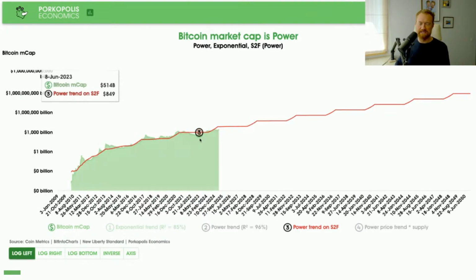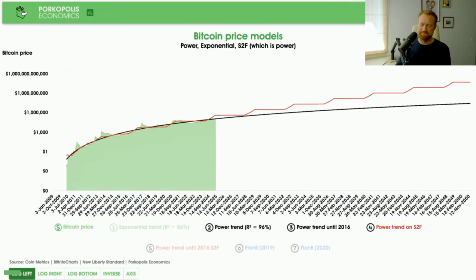Okay, he was doing it based on the valuation of the Bitcoin network over time versus the stock to flow. So you get the stair step effect, right? And then you divide that by the expected Bitcoins to get the expected price. That's how the stock to flow model needs to be calculated.